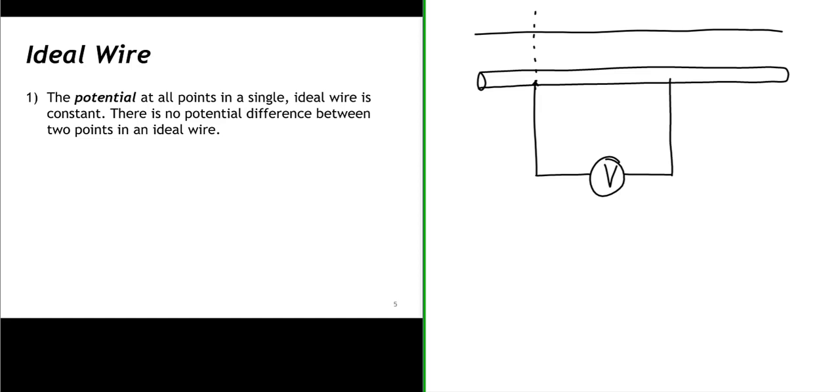Let's call this point on the left point A, and let's call this point on the right point B. So point A in the wire would have a potential associated with it, which I'll indicate as V sub A. And point B in the wire has a potential associated with it, which I'll call V sub B. Well, if this is an ideal wire, V sub B minus V sub A, that potential difference between those 2 points, is equal to 0.